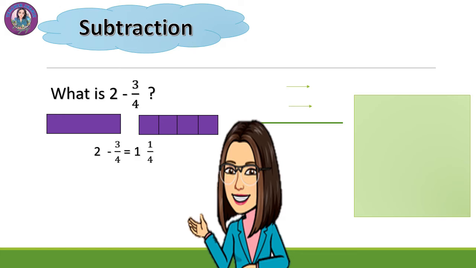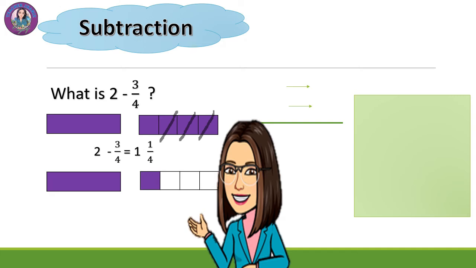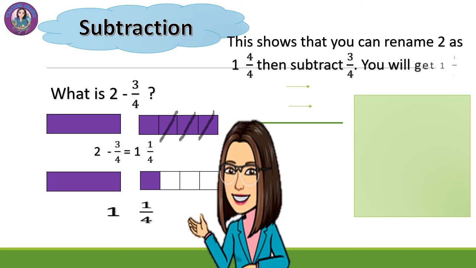Taking away 3/4, the answer is 1 and 1/4. This shows that you can rename 2 as 1 and 4/4, then subtract 3/4. You will get 1 and 1/4.